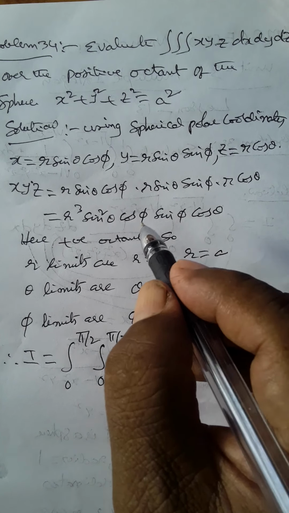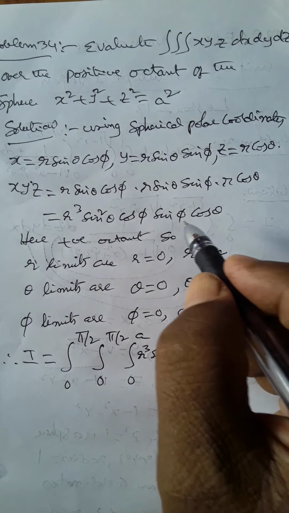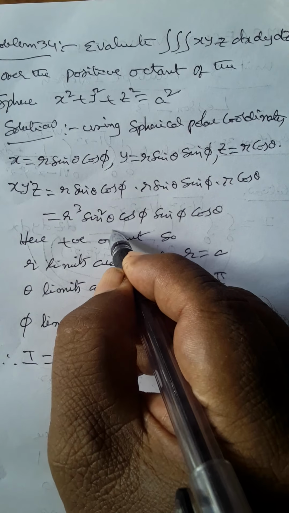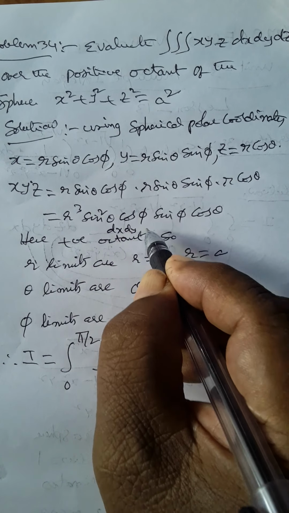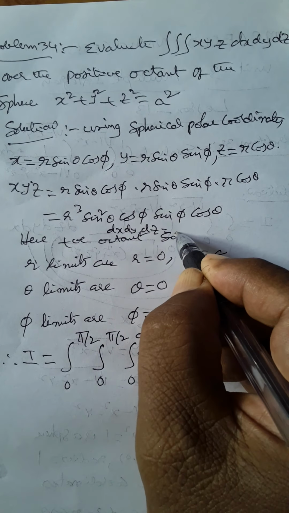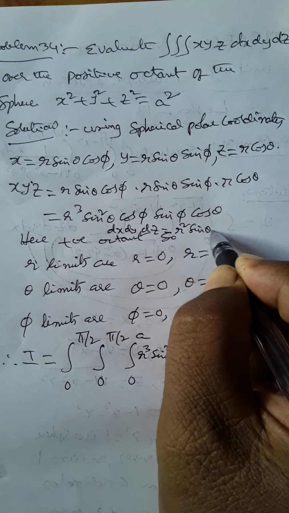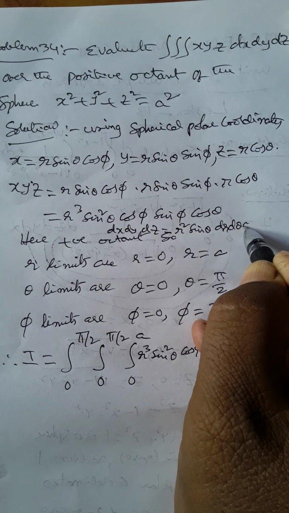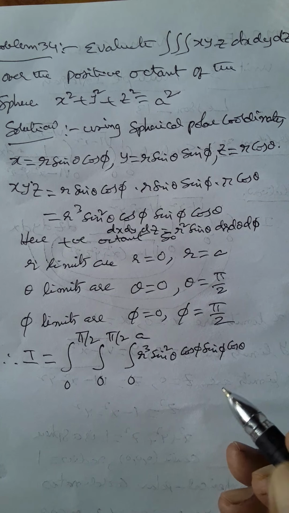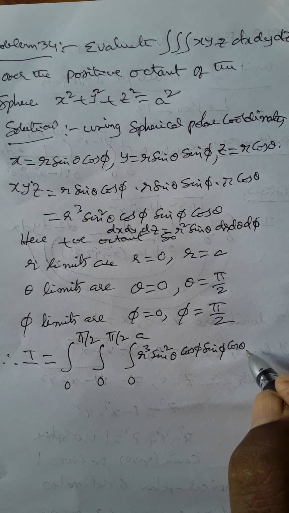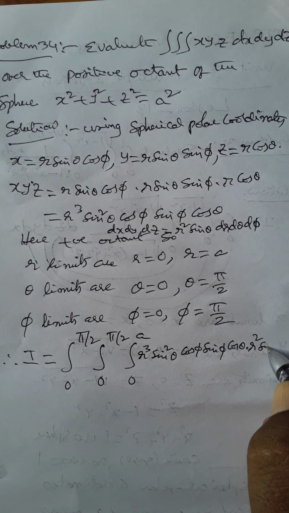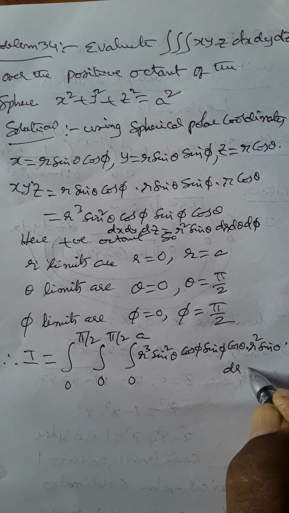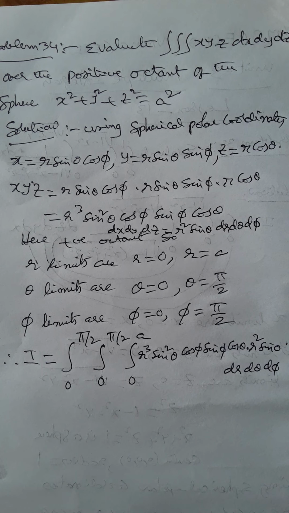Here dx dy dz is r square sin theta dr d theta d phi in spherical polar coordinates. So here r square into r square sin theta dr d theta d phi.